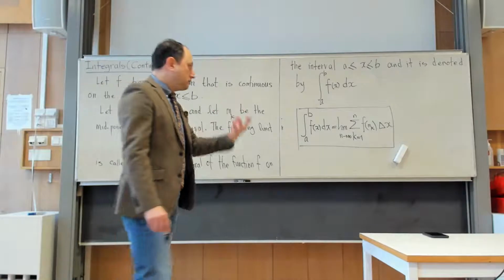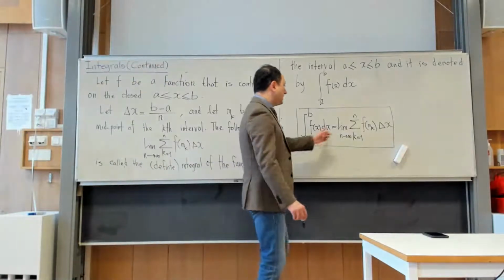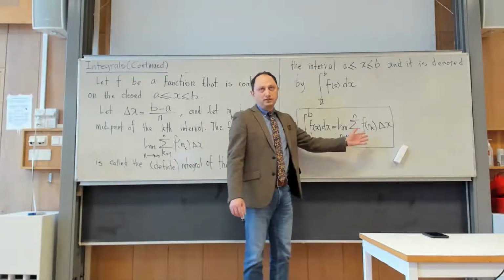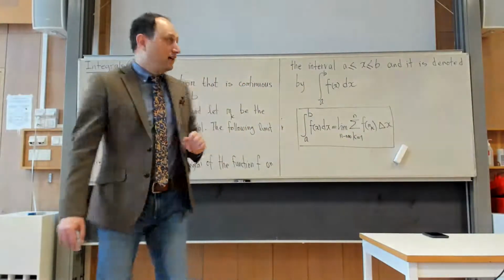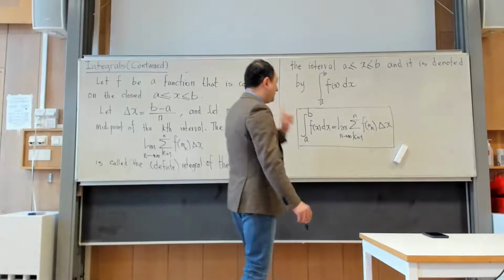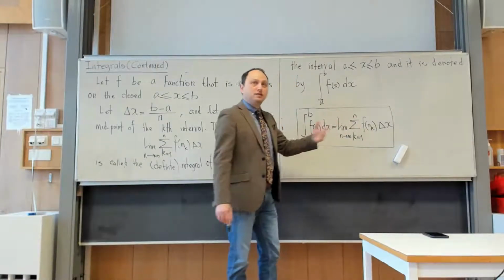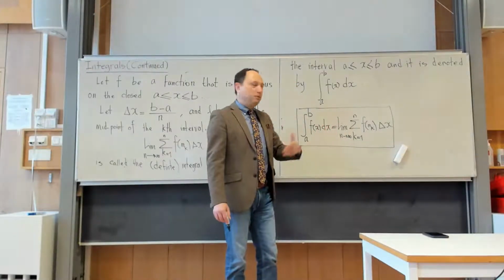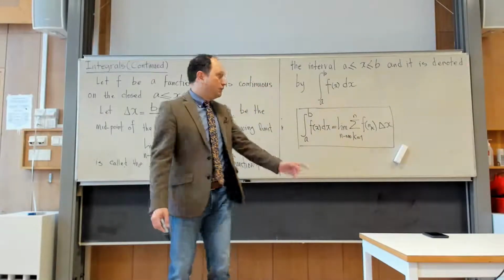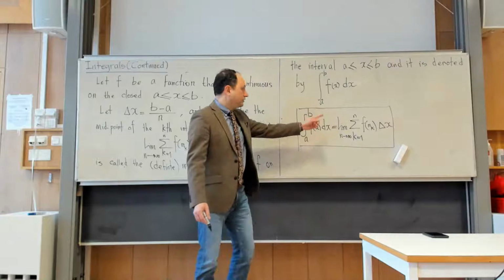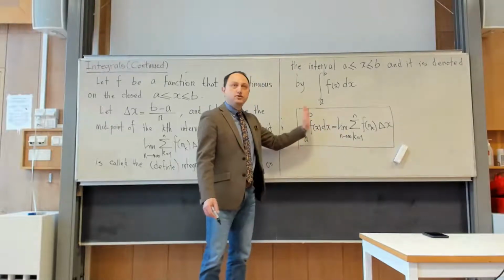By this motivation, I wanted to convince you that this limit is important. Then mathematicians realized that if something is important, let us give it a name to be able to call it and explore its properties. So now we call it the definite integral of the function f from a to b.